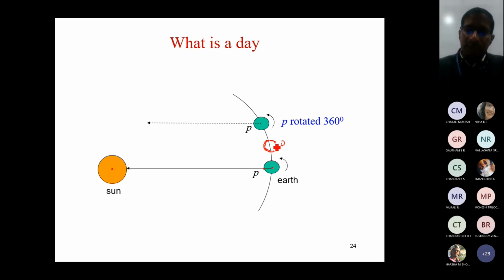At 180-degree rotation, the point P has come to this point. Now, when the Earth makes a 360-degree rotation, the point P is at this particular point. Starting from this and ending again at this point, that is a 360-degree rotation.